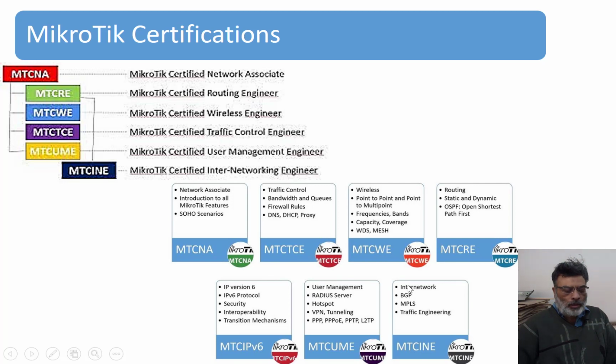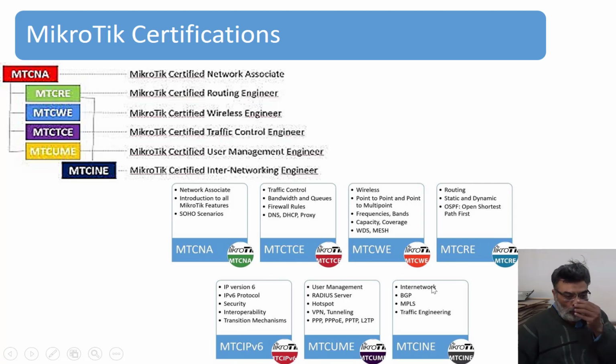After that, there is a high level certification which is called MTCINE. Basically, this is equivalent to the CCIE certification in Cisco, which is the topmost certification in Cisco, but in Mikrotik we call it MTCINE, Mikrotik Certified Inter-Network Routing Engineer. It will cover very advanced topics like BGP, MPLS, traffic engineering and inter-networking.